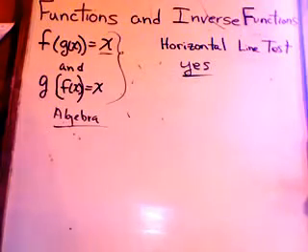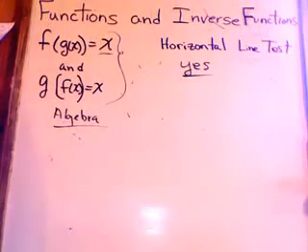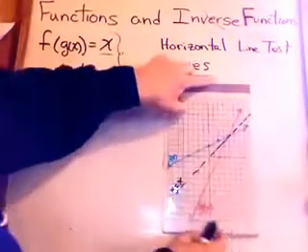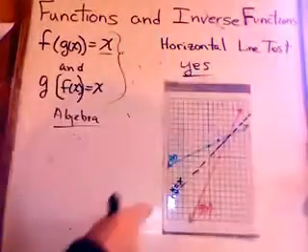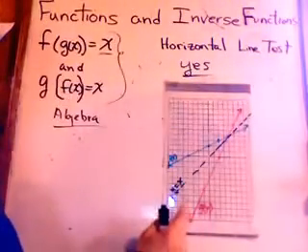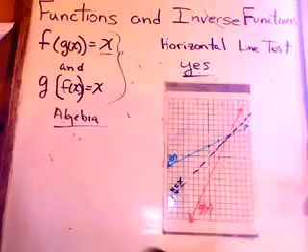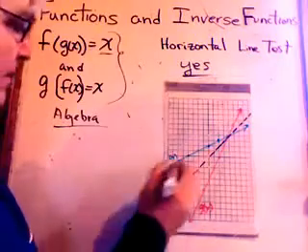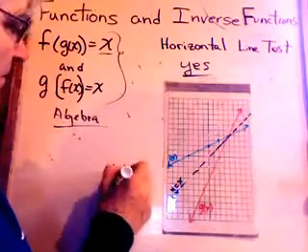Another way to tell if they're inverses of each other is to look at the two graphs together. So here I have a graph of two functions, f of x and g of x, and they're inverses of each other. I've graphed both of them, and you'll notice this black line here is the line y equals x.